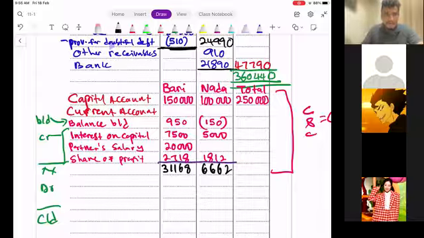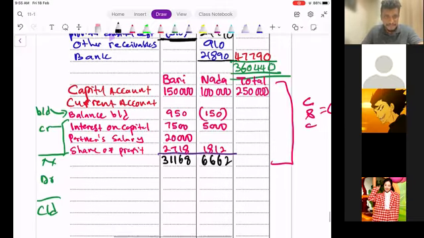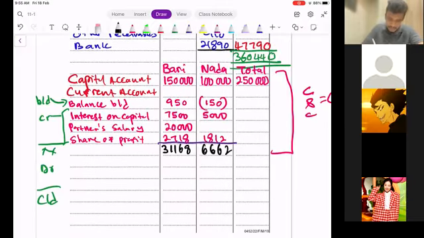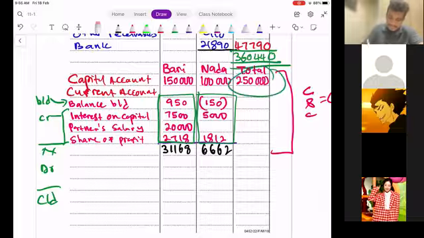Are you all following me? Any questions so far? Capital, don't touch, because capital will be totaled up separately here.